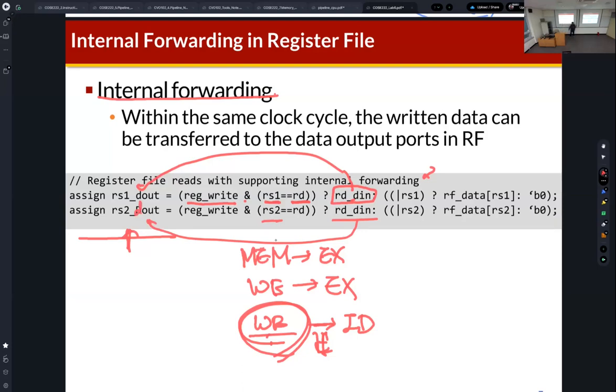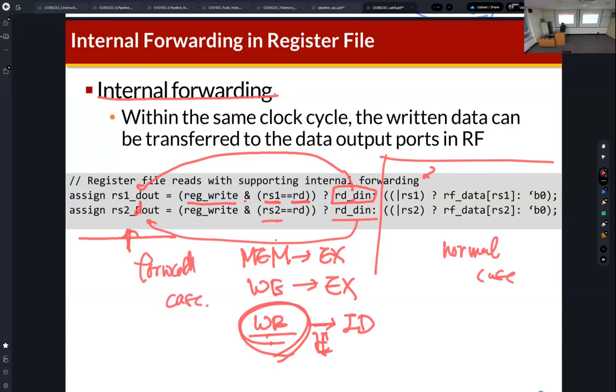Okay, then this is the normal case. This is the forwarding case. So internal forwarding is already implemented in the register file, so you don't need to modify the register file, right?